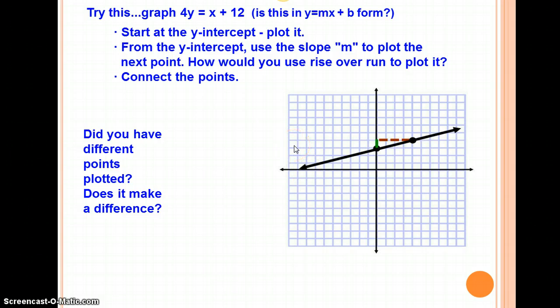So basically, if you want to graph a line, it must come from the y-intercept form, which means y equals mx plus b. M is your slope, change in y over change in x, and b is where it crosses your y-axis.